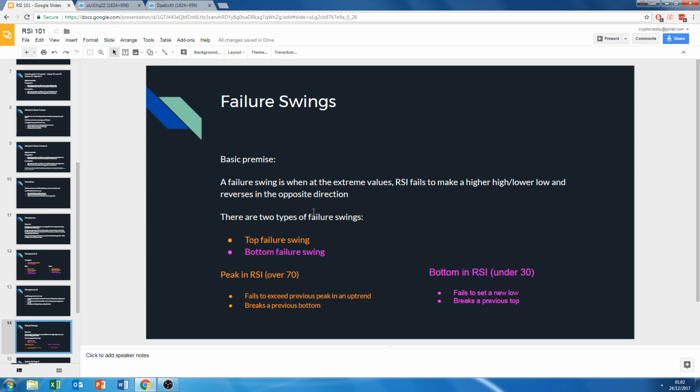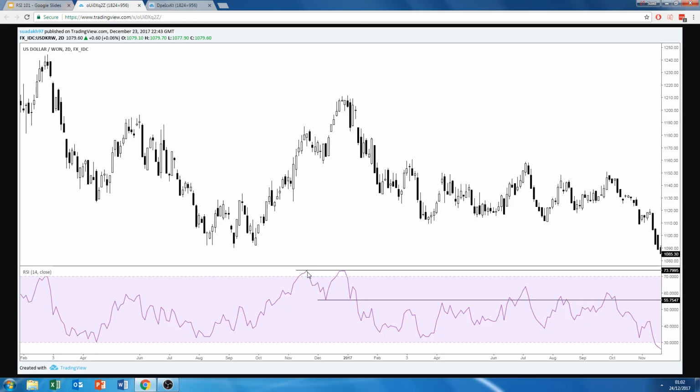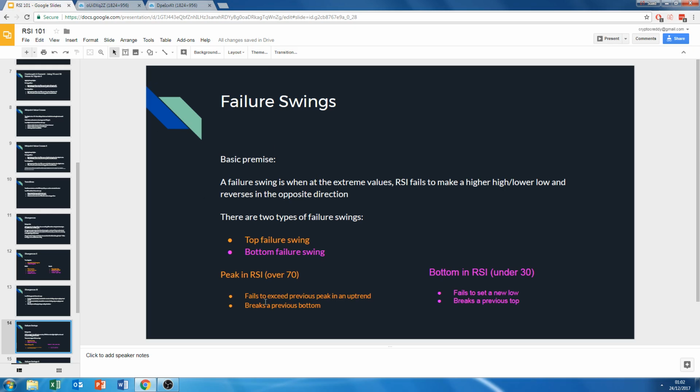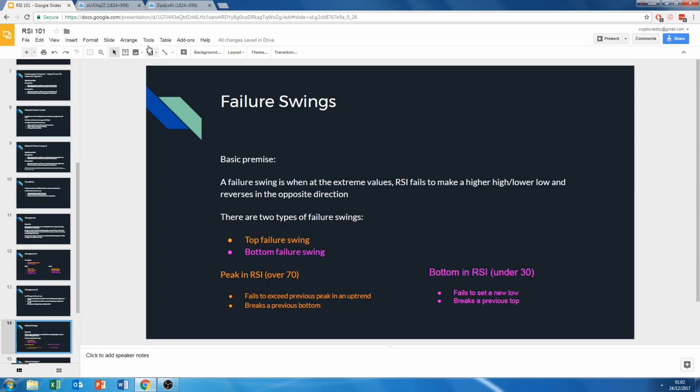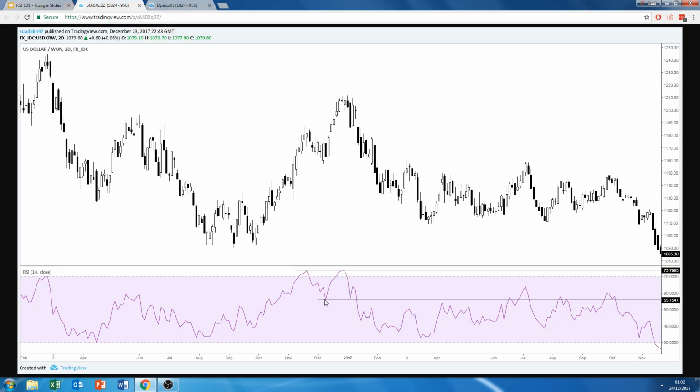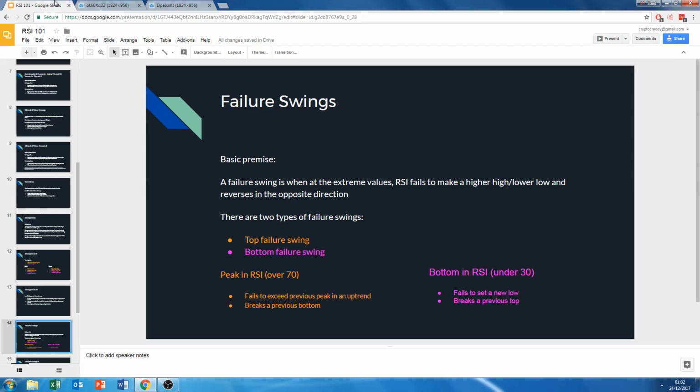So, does it meet our criteria for a top failure swing? Peak in RSI over 70, yes. Fails to exceed previous peak in uptrend, yes. Breaks a previous bottom from this retrace, takes out this level, and retraces to close to oversold levels. So this is a perfect example on the 2-day chart here of a top failure swing.